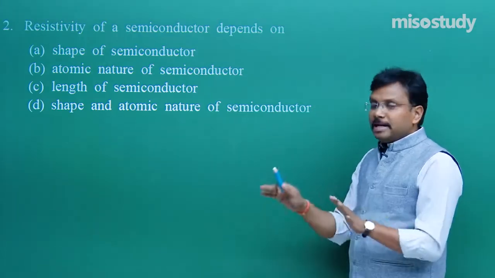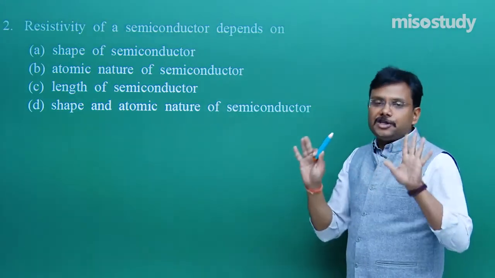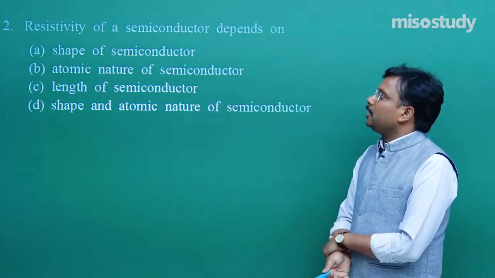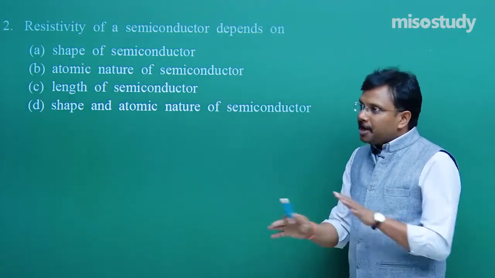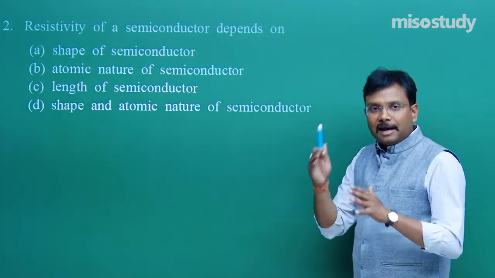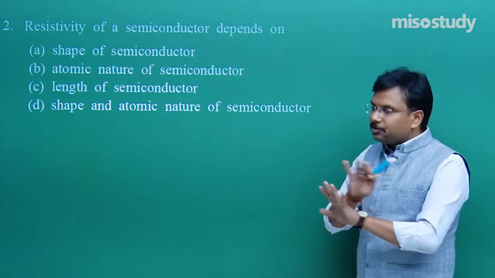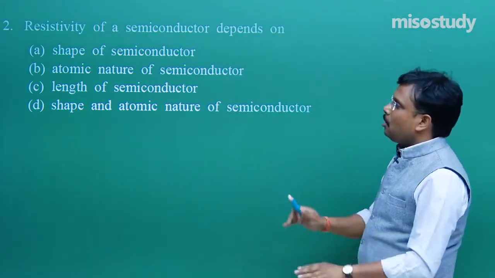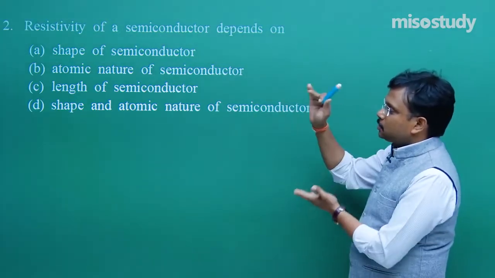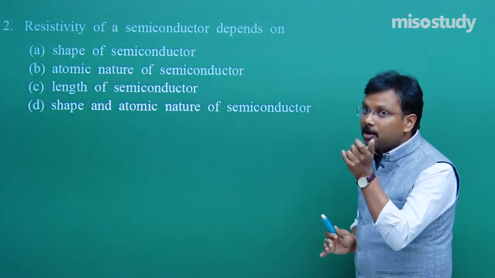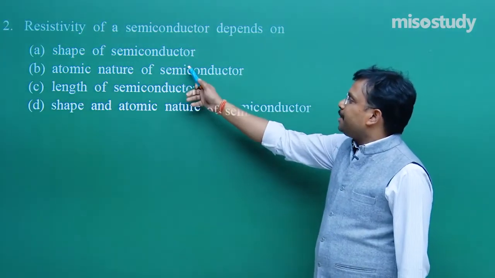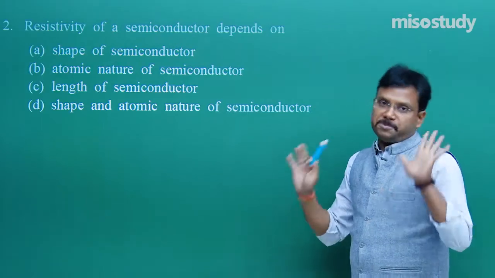So atomic nature alone is sufficient to decide the resistivity of a semiconductor. Shape, physical parameters like length, width, height, nothing is important. So now, without knowing anything, just on the basis of logical conclusions, you can say B is the correct option.